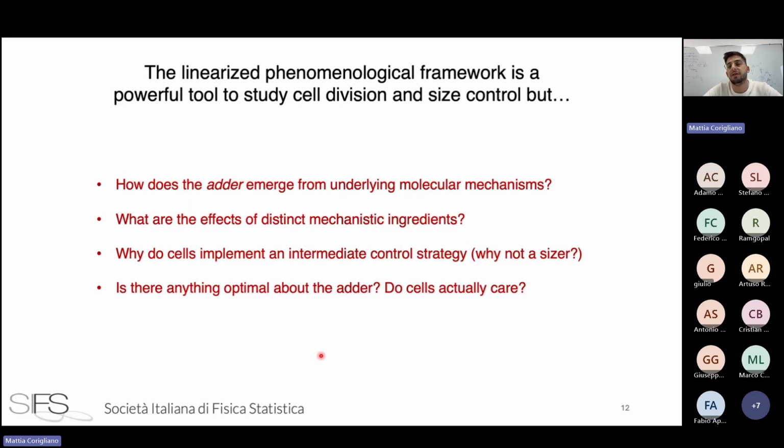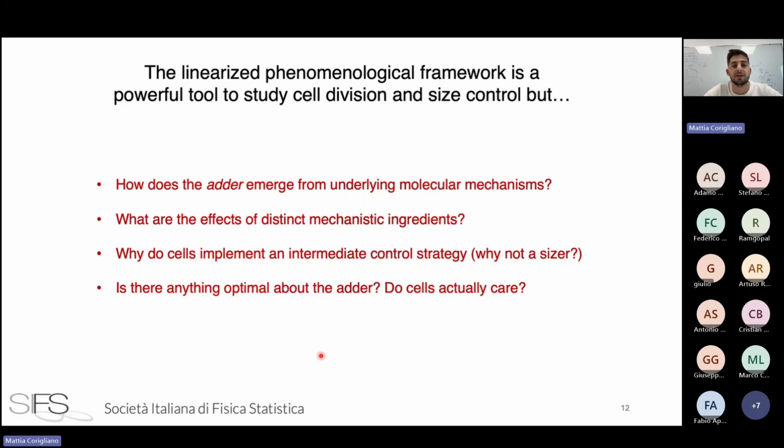this linearized phenomenological framework, while very powerful to study cell division control and also to select different models with data, also lacks any connection, of course, with the underlying molecular mechanism. So, for example, we don't know how the adder strategy could emerge from an underlying molecular process.